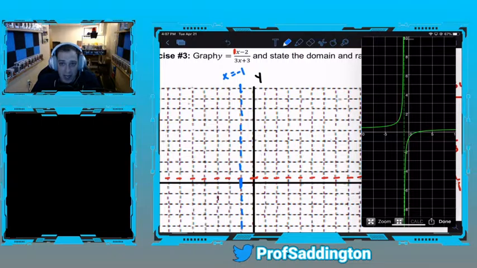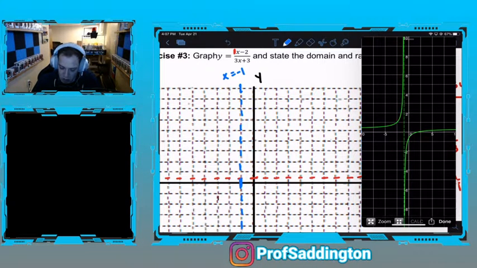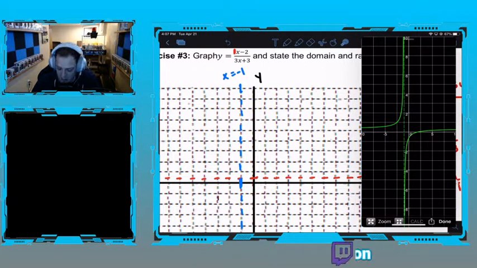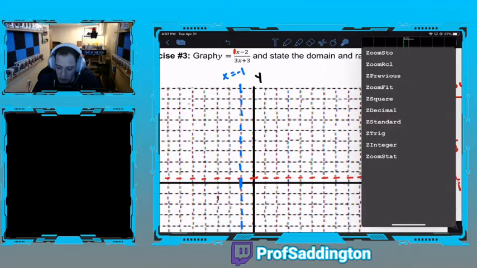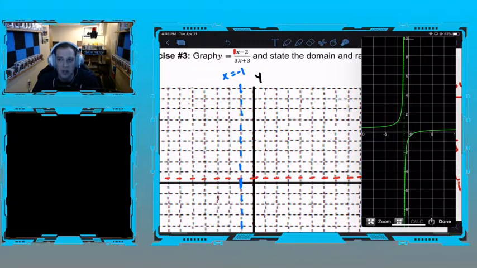Now, when you go to graph it, if you're not seeing what I am seeing, I've mentioned this a couple times in our lessons now, and I'll mention it again just to make sure you're good. You're going to push the zoom button, which is down here. So I'm going to press zoom, and then you're going to go down and press Z standard. Once you press that, you should see a screen like mine.